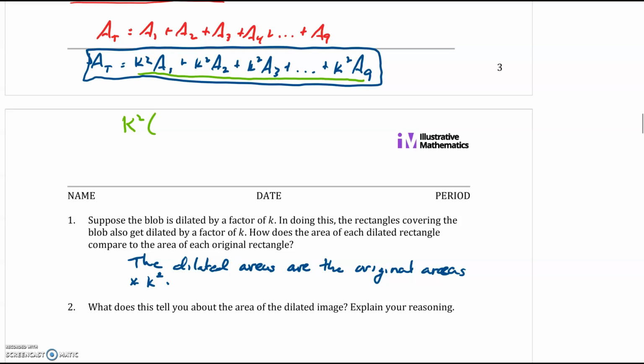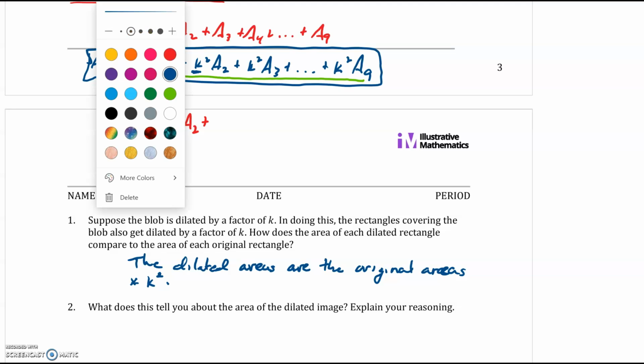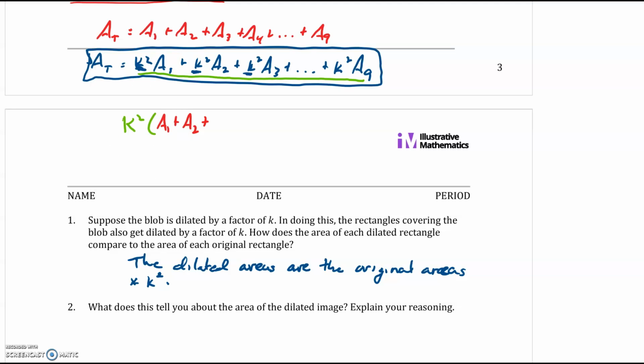And what's going to be left when I take k squared away from this first term is just that first area. Plus, when I take the k squared away from this second term, I am left with just that second area. Plus, when I take the k squared away from this third term, I'm left with just that third area.